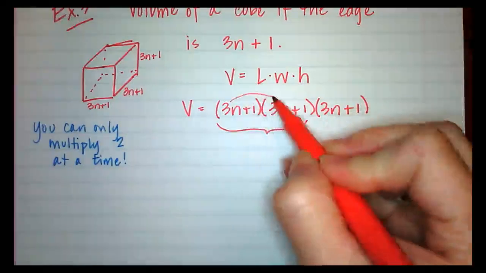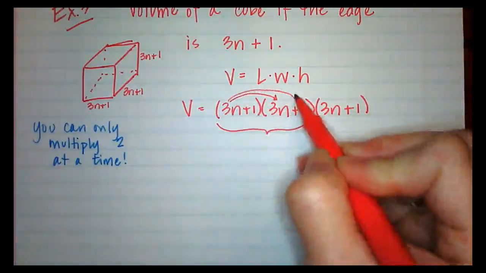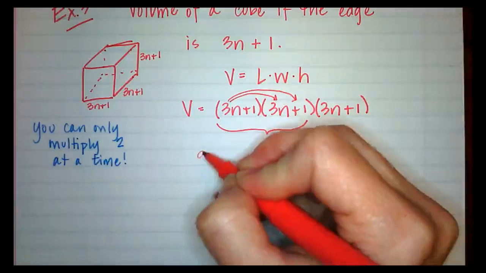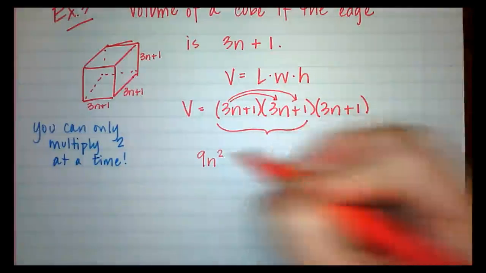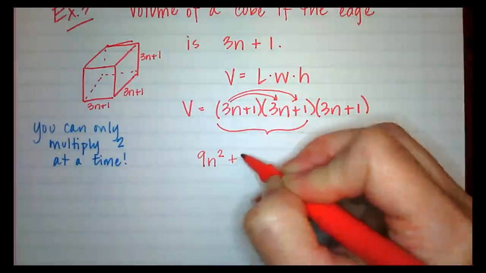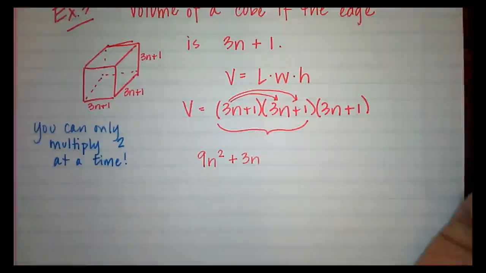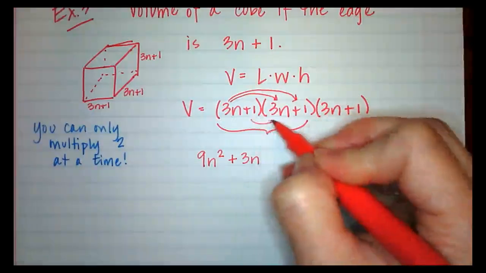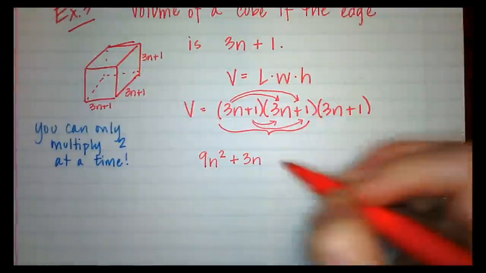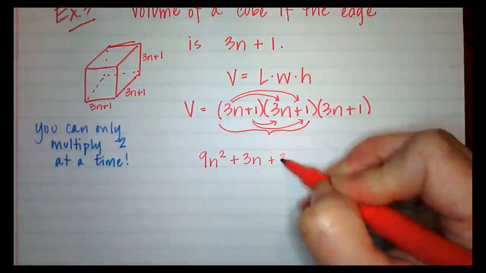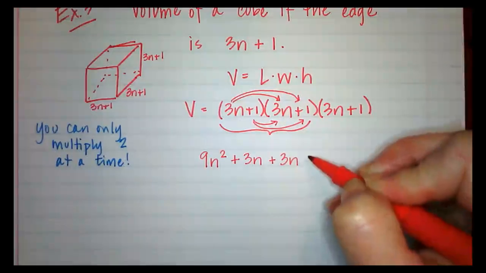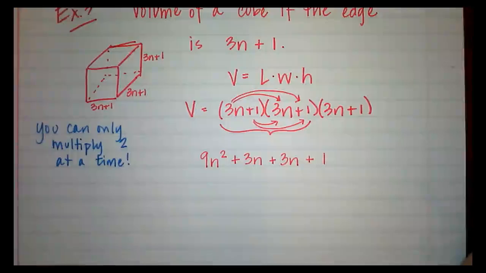So multiply here first. So we will get 9n squared plus 3n. And now we're going to multiply right there, and we'll get another 3n plus 1.